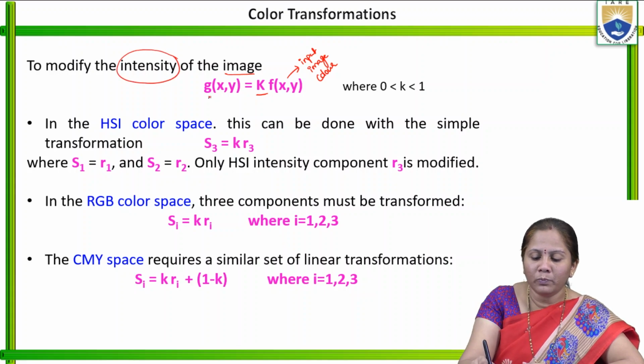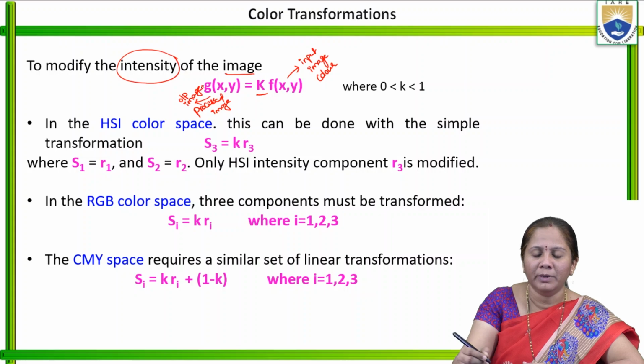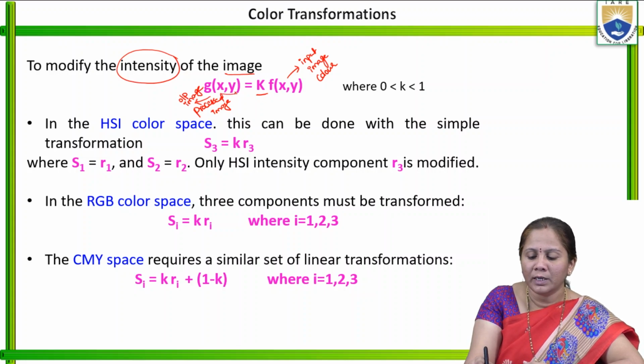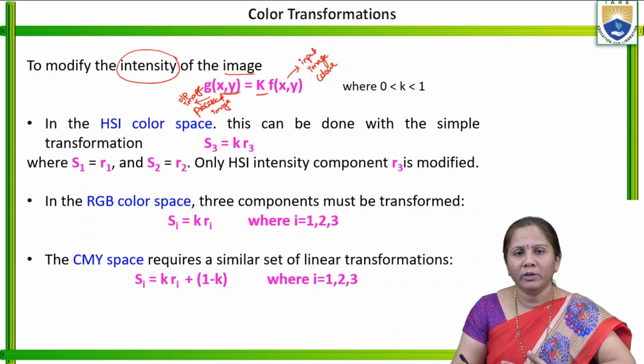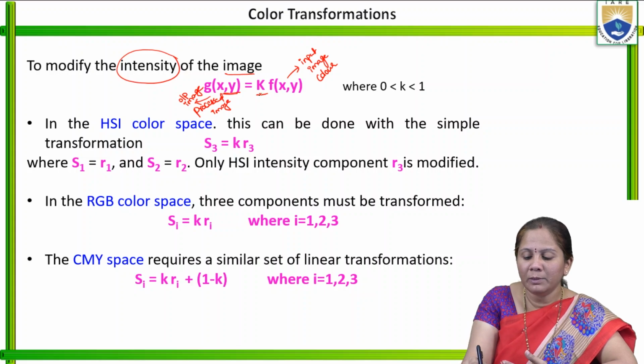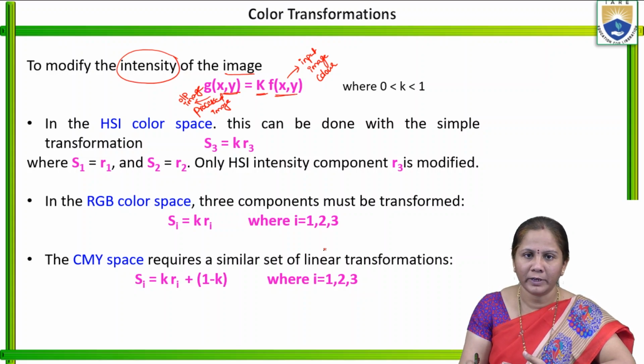The output we are going to get is g(x,y), which is called the processed image. We can also call it the output image. So we can observe the intensity modification after multiplying k with the input color image f(x,y).